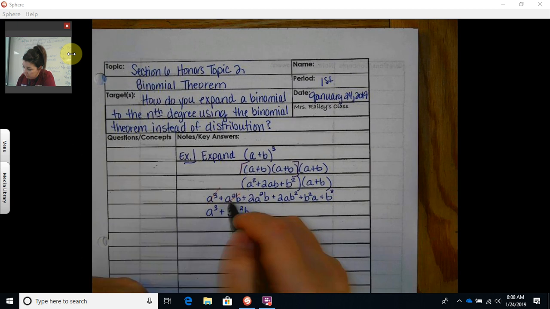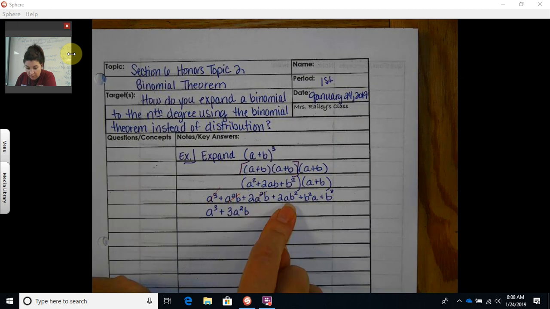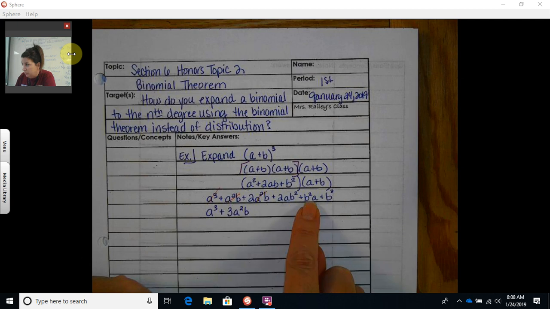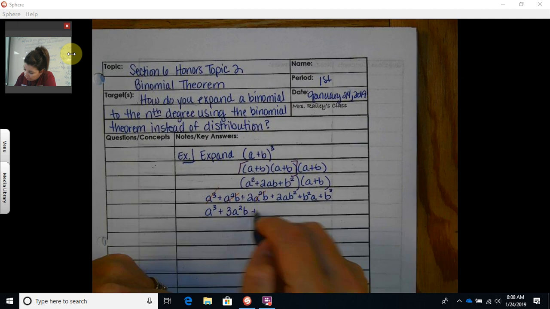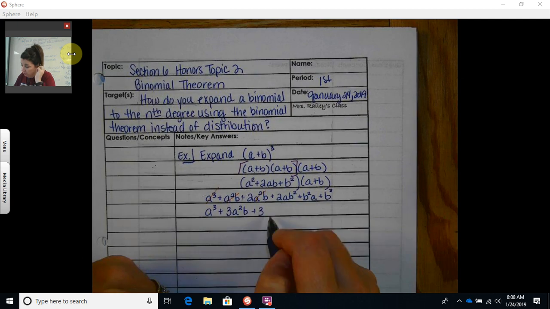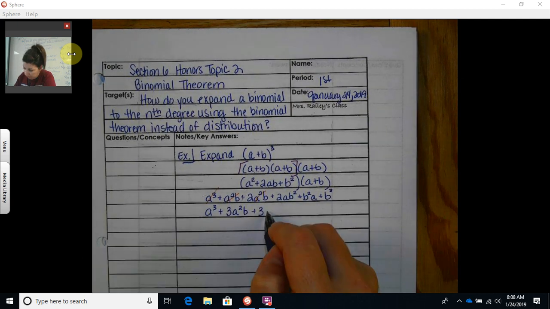Mark those out. 2ab squared. Do I have another b squared a? And that's just written backwards, but doesn't it mean the same thing? So that would be plus 3 what? ab squared.